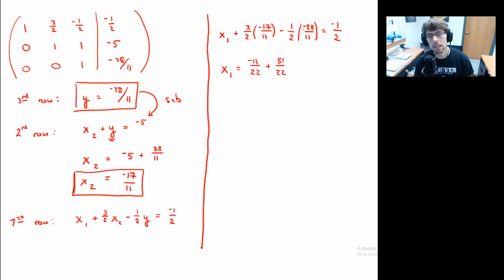And then I have a negative, which is positive, but then I move it to the other side, so that gives me another negative. So I have 38 over 11. So what is this at the end of the day? We have x1 is equal to negative 49 plus 51. So we get 2 over 22, or x1 is equal to 1/11.